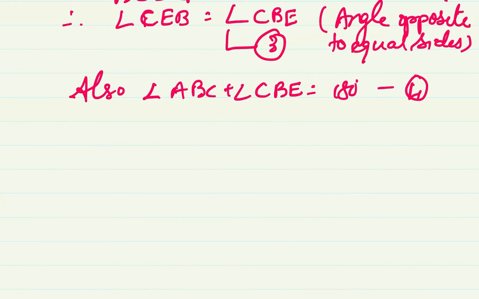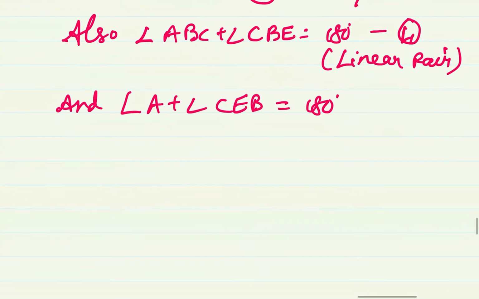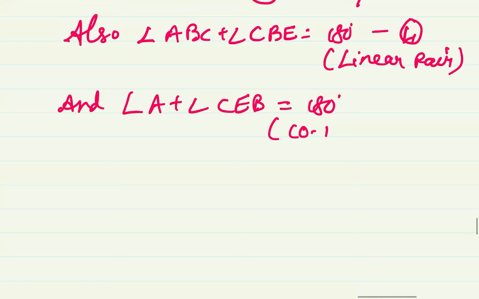Now here, because they are linear pairs and angle A plus angle CEB is equal to 180, they are co-interior angles.